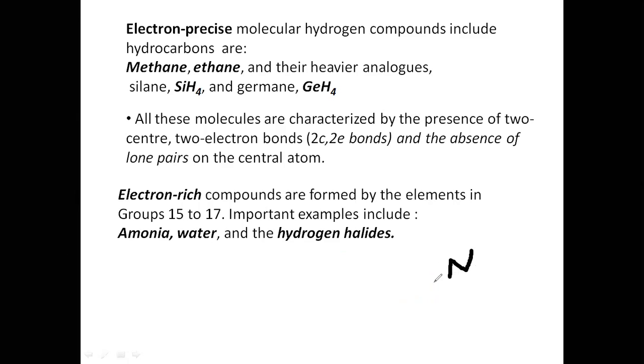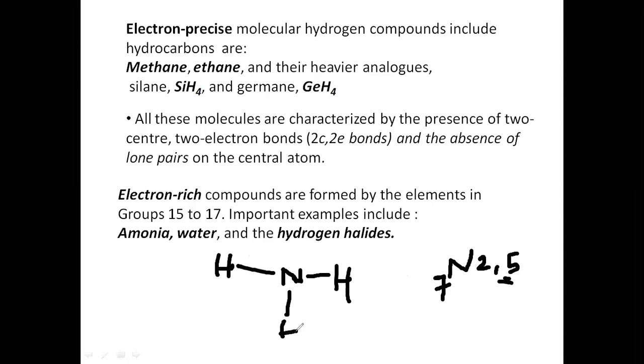how many electrons in ammonia? Seven electrons. And the electronic configuration is 2, 5. So when you read ammonia, you see out of five electrons, only three electrons are involved in bonding and the remaining two electrons are in the form of a lone pair.